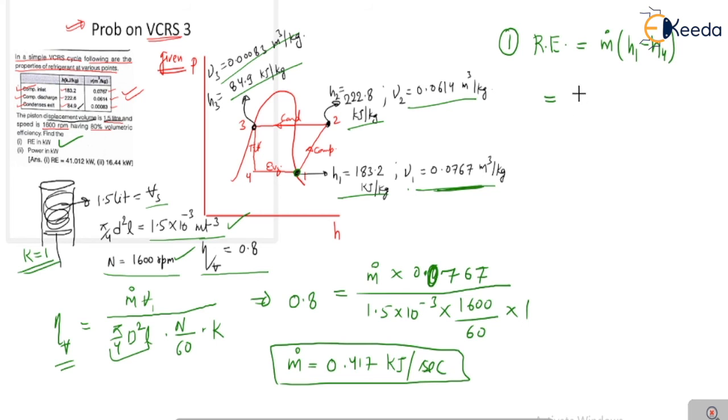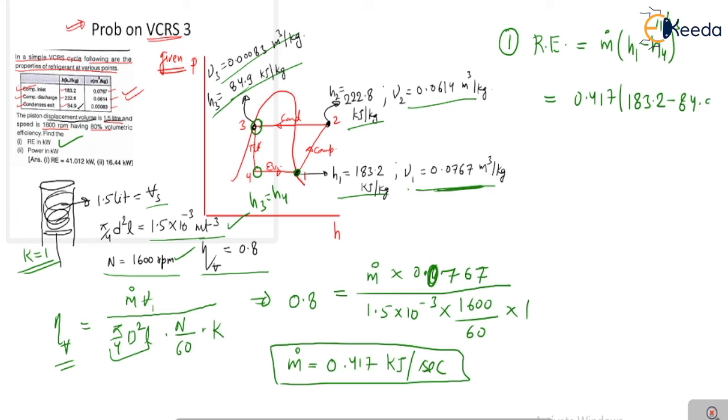And the value of mass flow rate is 0.417 in bracket. The value of H1 is 183.2, and the value of H4 is nothing but H3, because here H3 is just equal to H4. So what is the value of H3? It is 84.9.